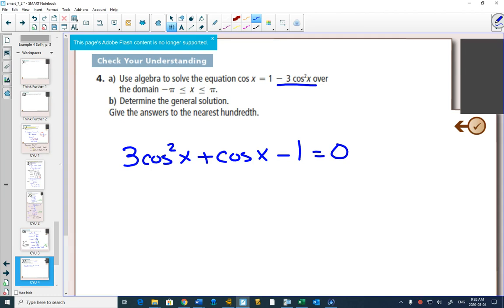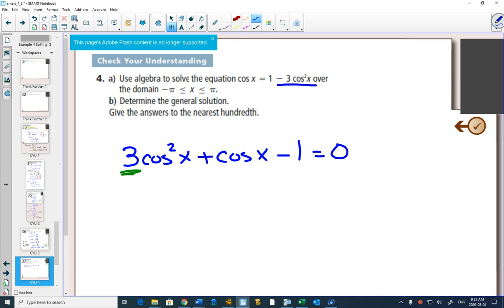Now, one of the things you want to get good at is factoring. And looking at this equation, how quickly can you notice that it can't be factored? If you can, okay? You want to be good at factoring, but especially these ones where you have a number in front of the squared, they're the hardest ones to factor.